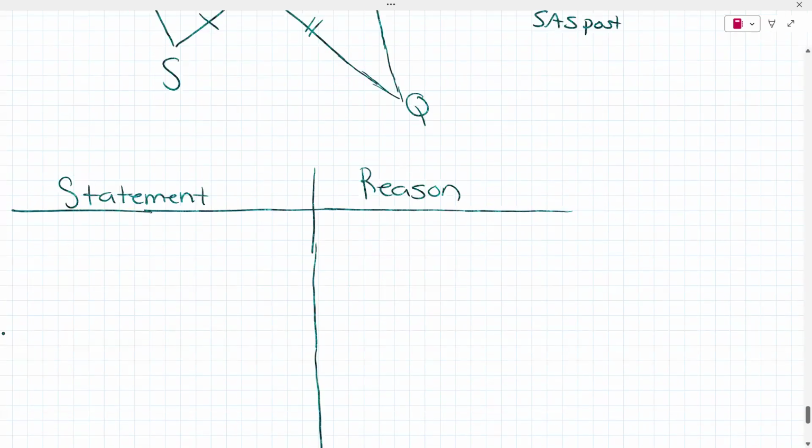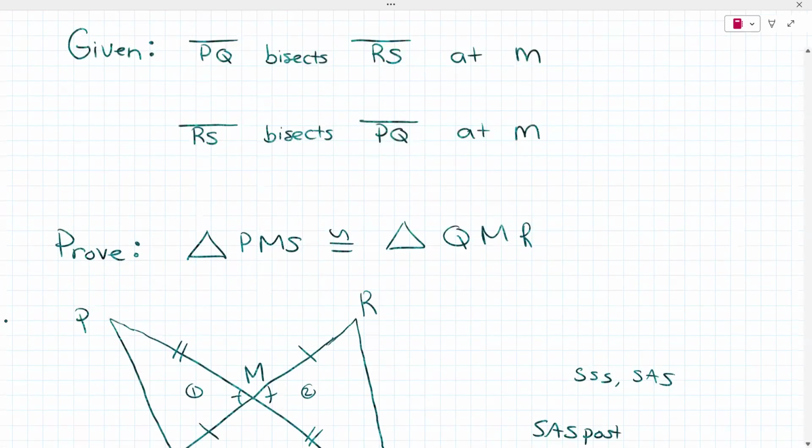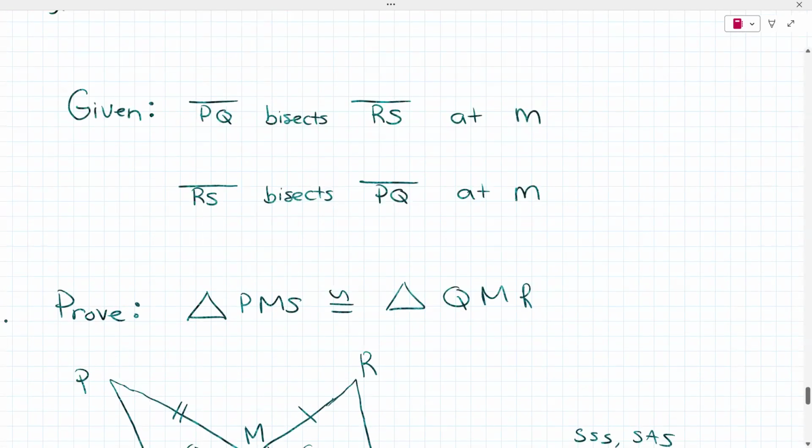Okay, so let's see how we do this two-column proof. What I do is always write out your given. So what are we given? Two things.